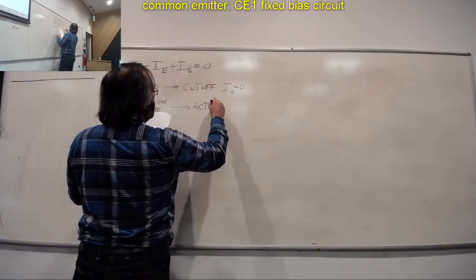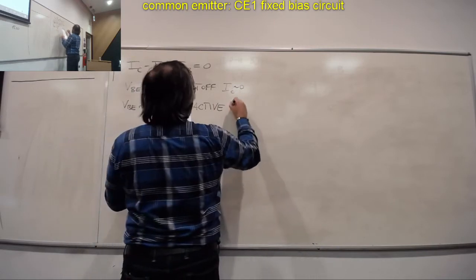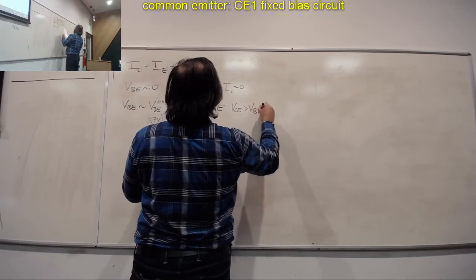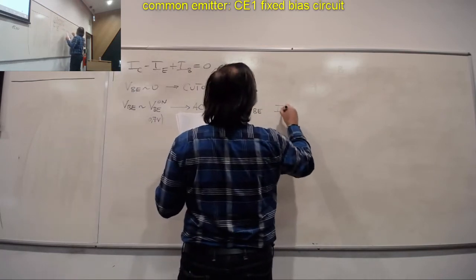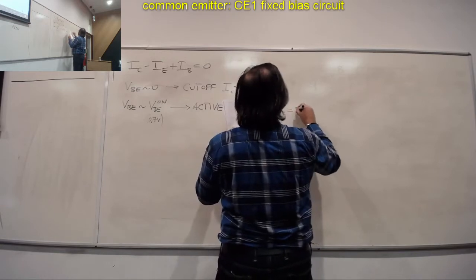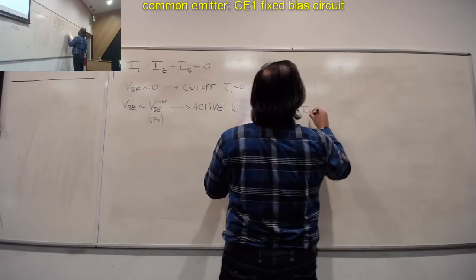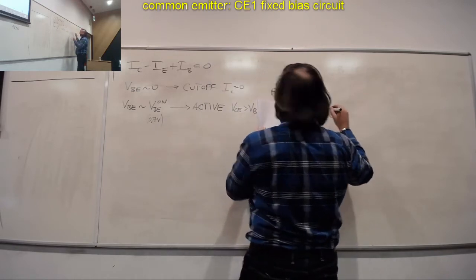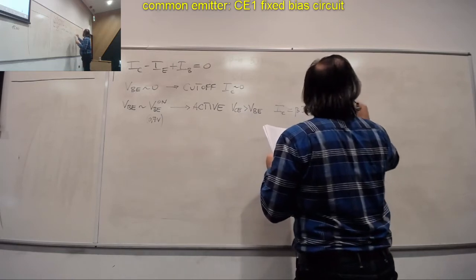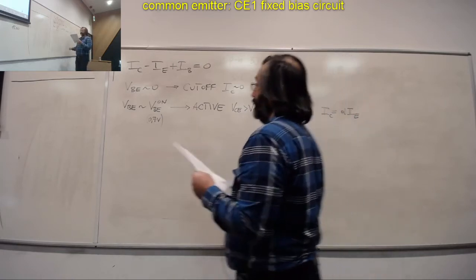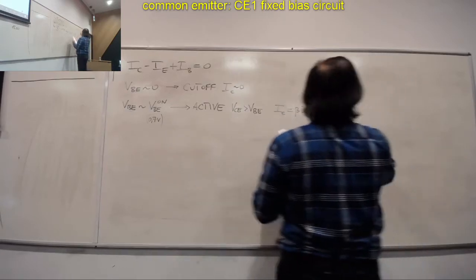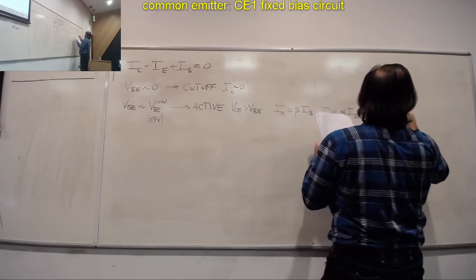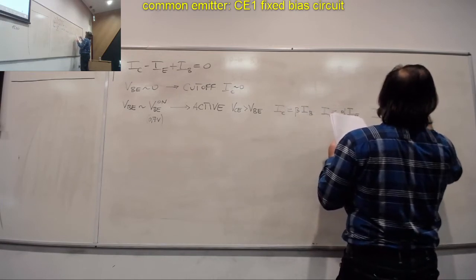So we have active mode if VCE is bigger than VBE. And in this case, IC is beta IB, and IC is also alpha IE, where alpha was beta over beta plus 1, and also maybe I will add IE is beta plus 1 IB.